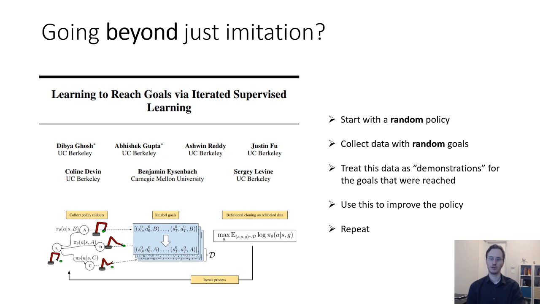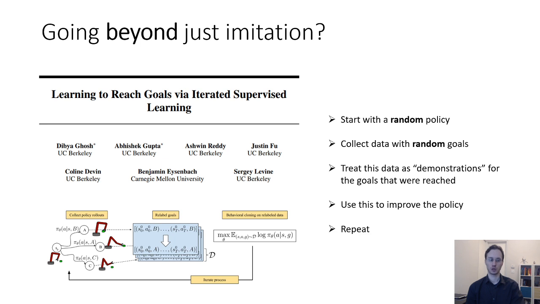So basically, if you have a bad trajectory, but that trajectory reached some state, maybe it's actually a good trajectory for whatever state it reached. And that's actually the algorithm described in this paper called Learning to Reach Goals via Iterative Supervised Learning, where the overall recipe is to actually start from scratch. There's no human data at all. Instead, we start with a random policy. That random policy collects random data, but then that random data is relabeled with whatever goal that it reached.